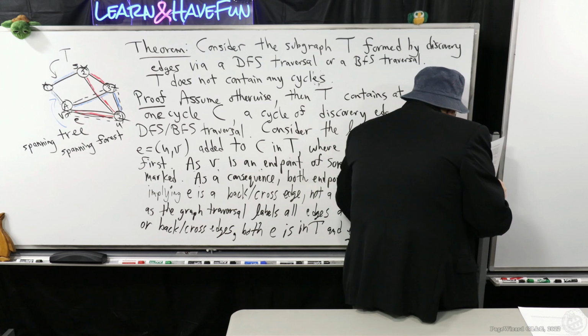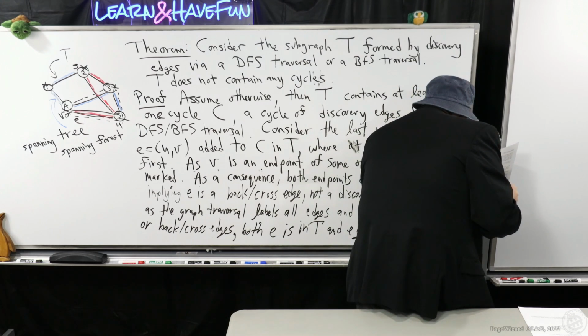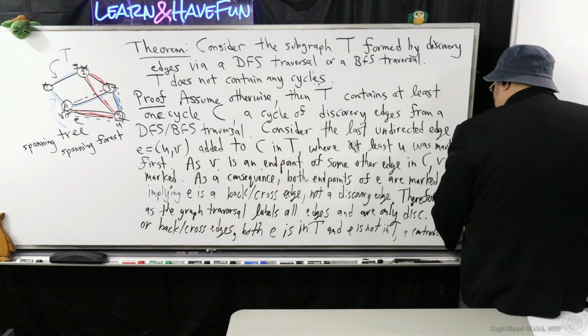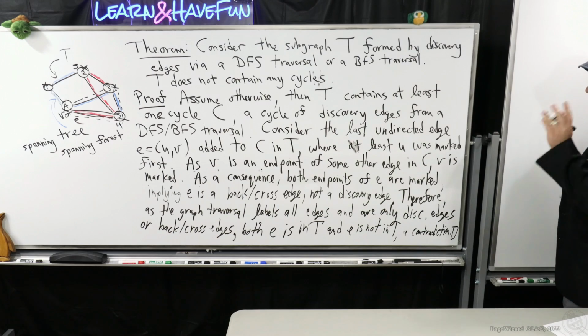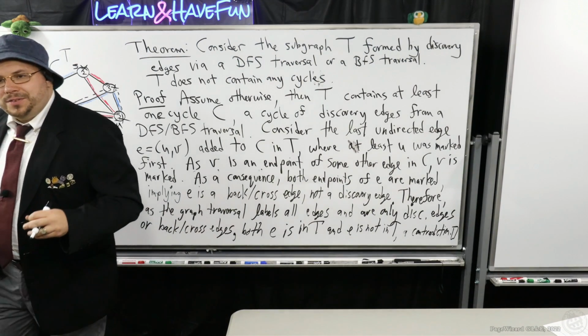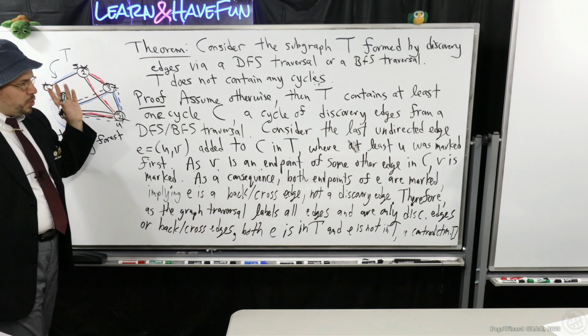And that means that we have a contradiction. So you can't have both of these things at the exact same time. And that concludes our proof. So a contradiction right here. We've yielded a contradiction that assures us there are no cycles.